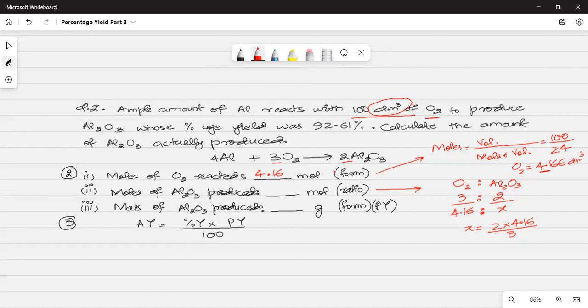All right, sir. So coming back to this part, if you have the calculator in front of you, you're going to help me with the calculation. So multiply 2 by 4.16, divide all of it by 3, and let me know what the answer is.